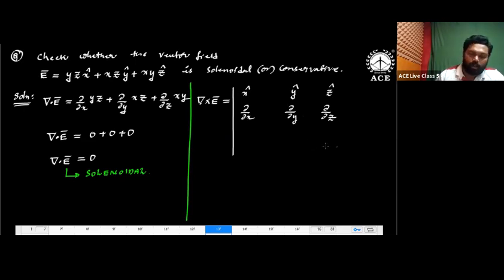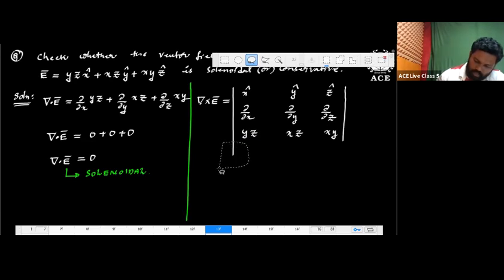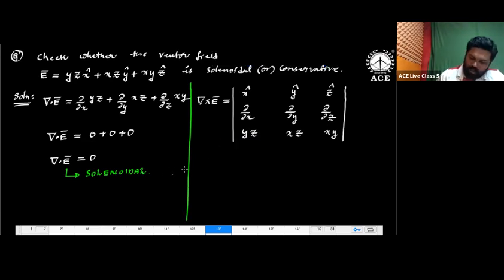Then the x component, what is the x component? Here it is yz. Y component is xz. Z component is xy. Clear? How do you perform the cross product here? Curl. How do you find the determinant of the 3 by 3 matrix?